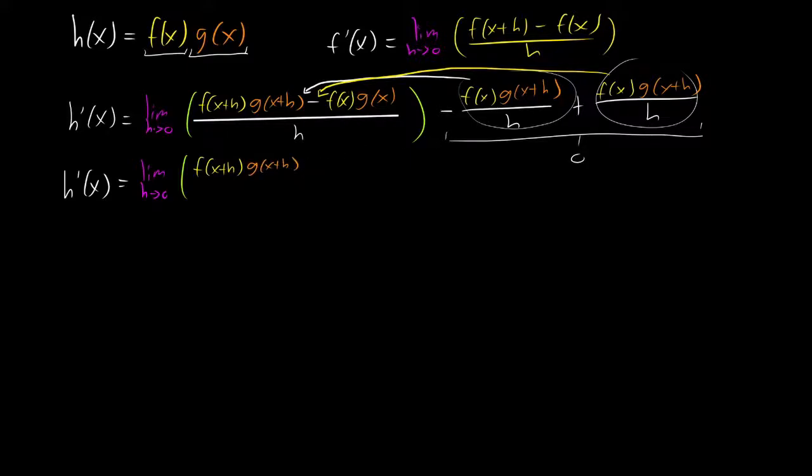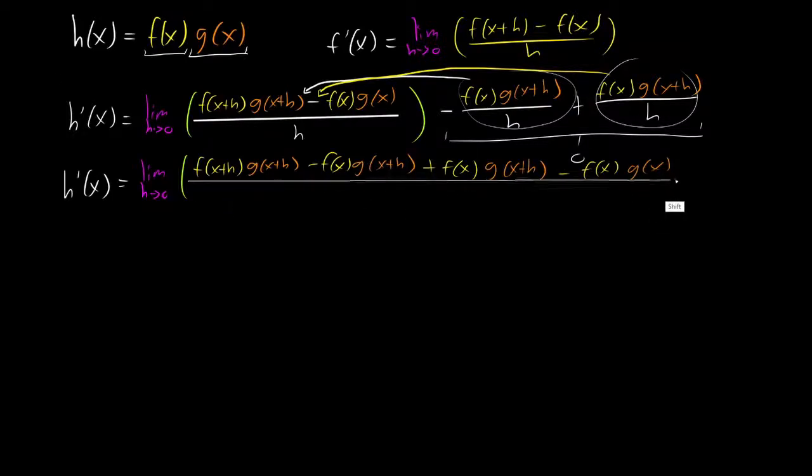We're going to use the first term here, minus f of x times g of x plus h, plus f of x times g of x plus h, minus f of x times g of x. And all this is over h.